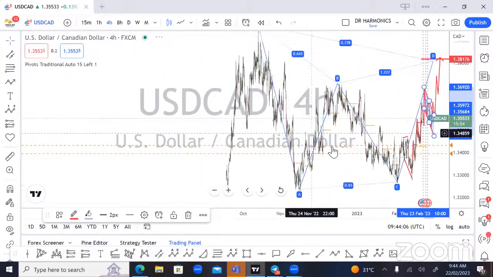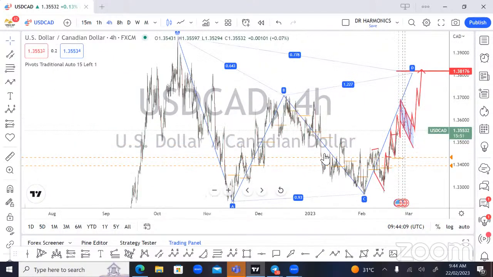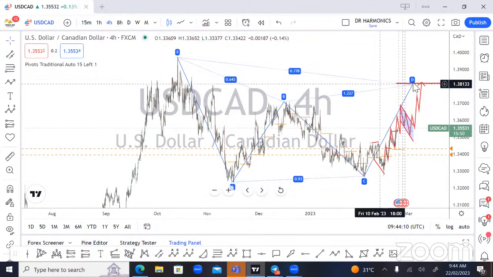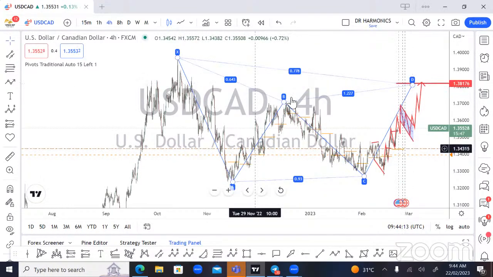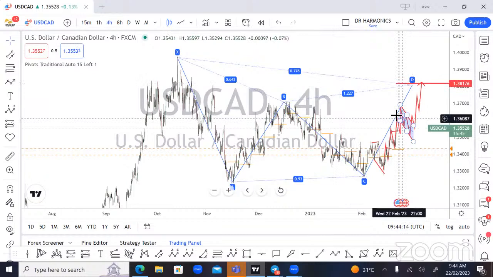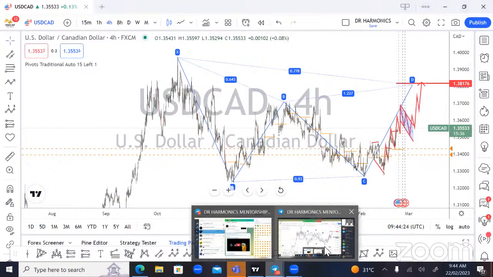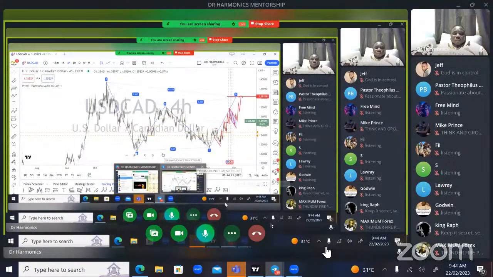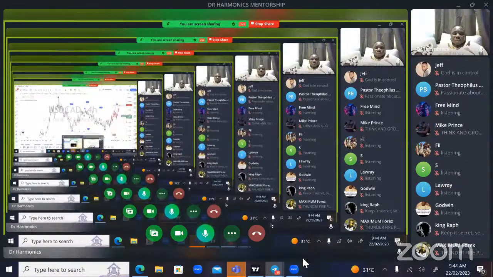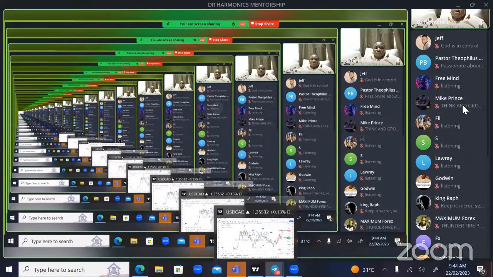The whole plan is to complete the harmonic pattern, which is a Gartley pattern formation. We have AB equals CD within the Gartley pattern formation. Are we okay? Guys, are we okay?